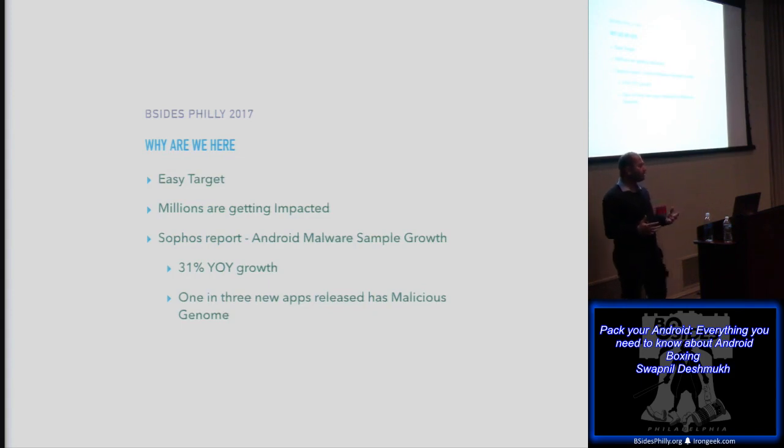Considering the US population, that's 1 in every 11 people impacted by malware. So that's a very big surface area. The third point is that a report came out with regard to the sample growth of malware, and they are predicting a 31% year-on-year growth of malware genomes. That's a very, very big percentage, right?